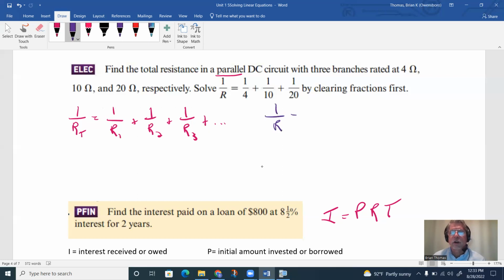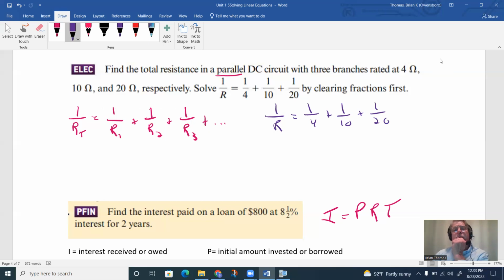So we have this 1 over R, and this 1/4 plus this 1/10, and we have this 1/20.